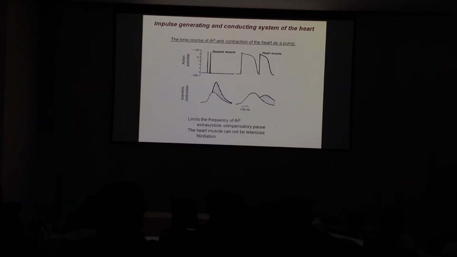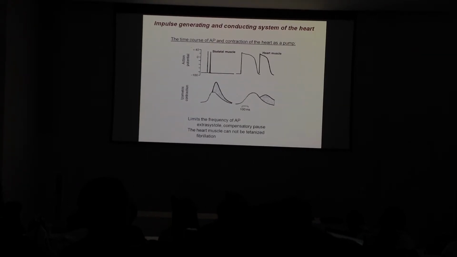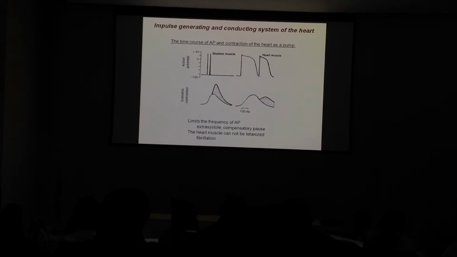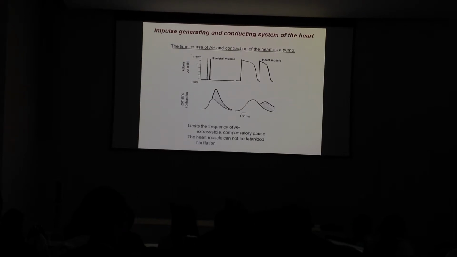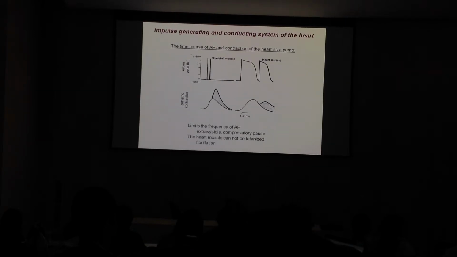Therefore, it's very important for the normal pumping activity to protect the ventricle from a second contractile response, because it is necessary to eject the whole amount of blood and to make possible the relaxation for the normal filling, so that the 70 milliliters of blood will flow into the ventricle and the second ejection is possible.